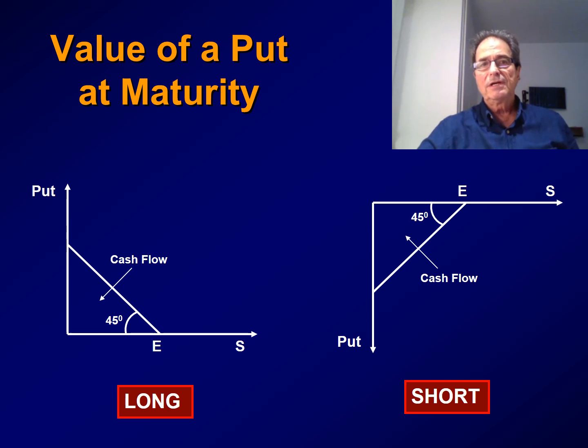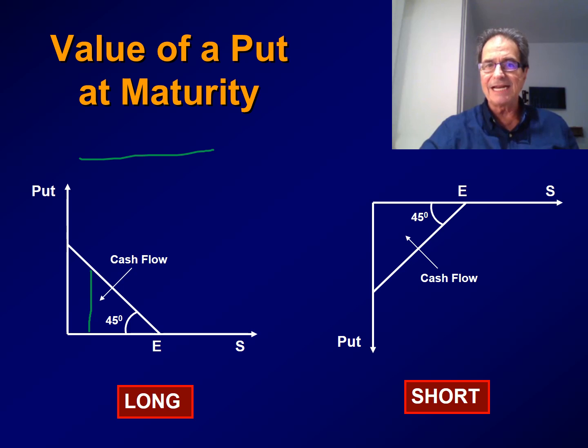The graphs at maturity of the put are the ones that we can see here. If I have the long position, meaning that I bought the put, I will have a positive cash flow at maturity equal to this vertical distance in case I exercise the put, which I will do only when the stock is worth at maturity less than E, in our example less than $10.